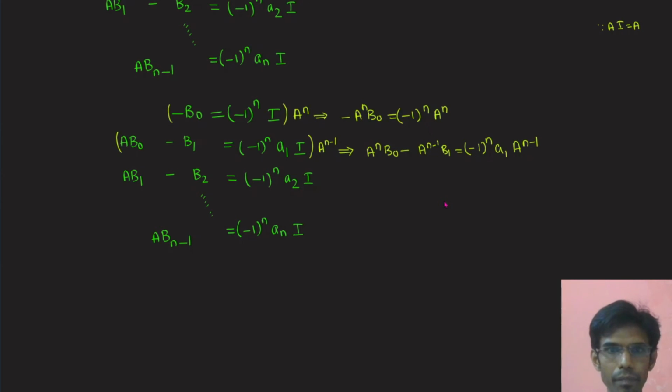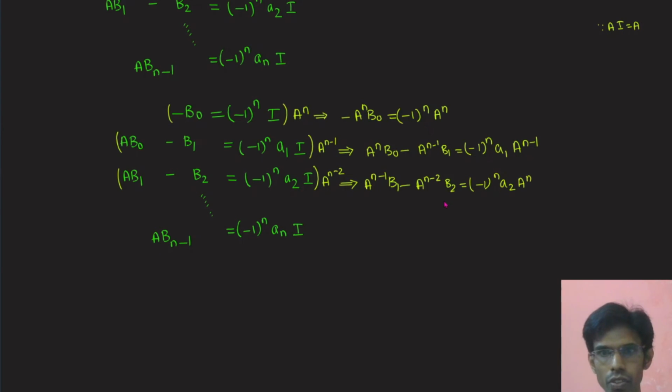Now multiply this equation by A^(n-2). That implies A^(n-1) b1 minus A^(n-2) b2 is equal to (-1)^n a2 A^(n-2), and so on.